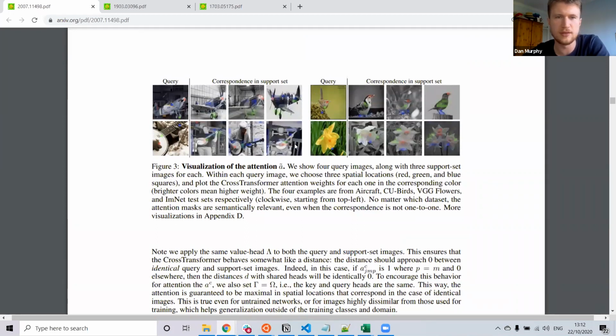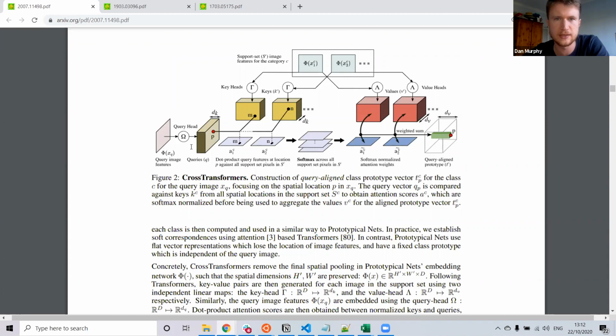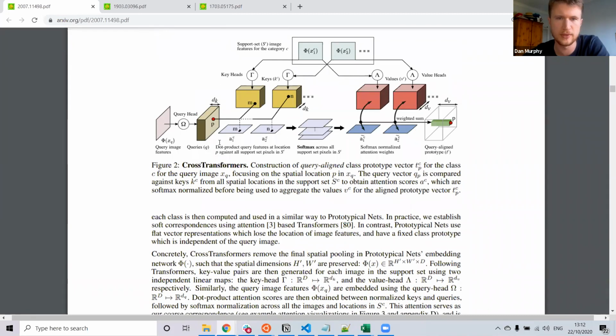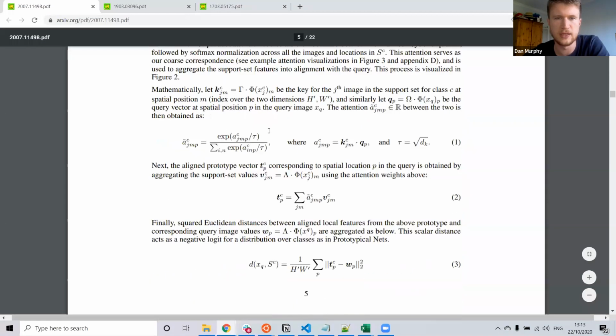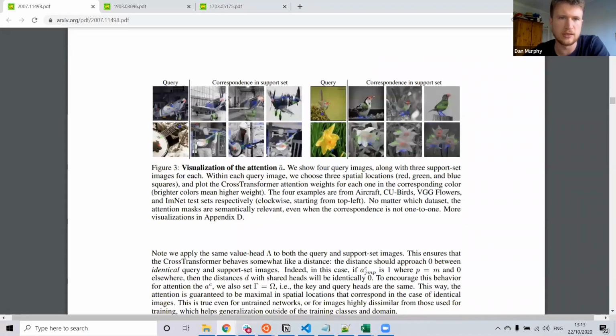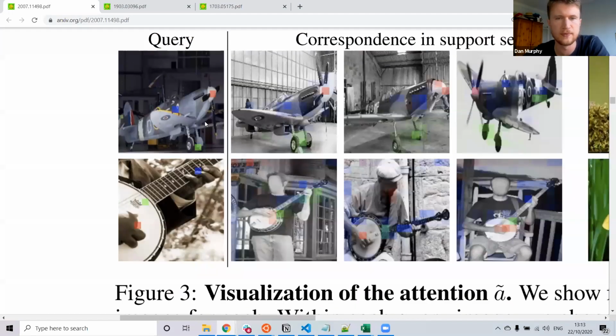This is basically a visualization of the first part of this structure. So we're seeing where the attention for a query image is being directed in the support set images. So we take this query image and we're looking at the highlighted sections of it.